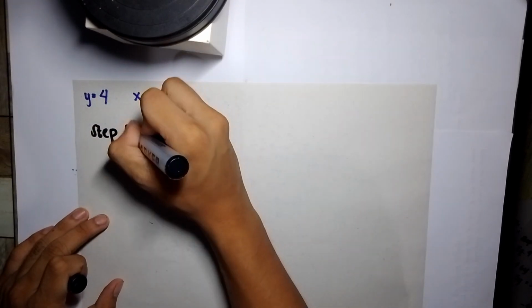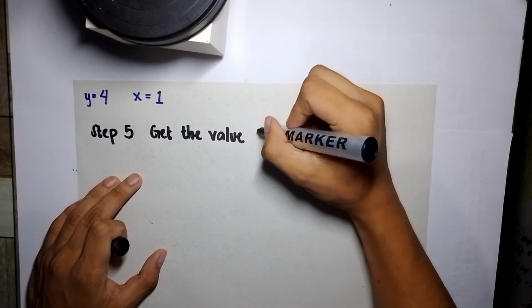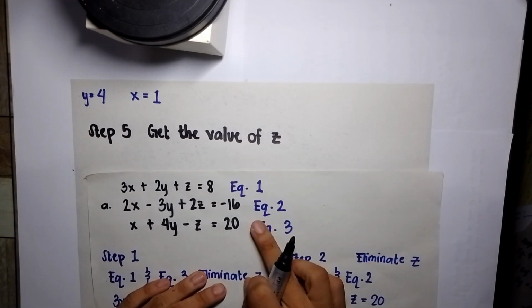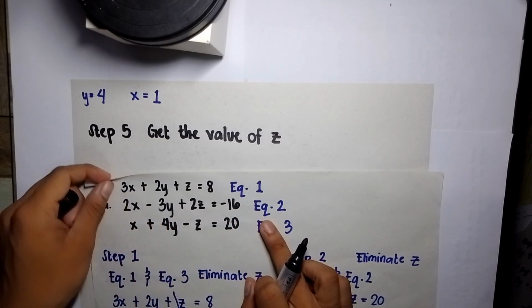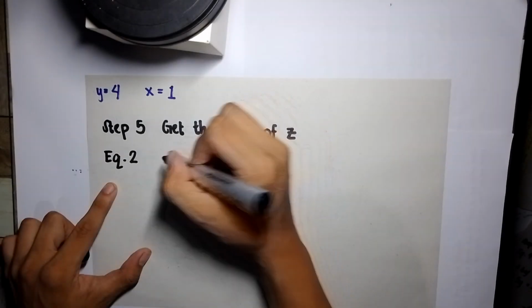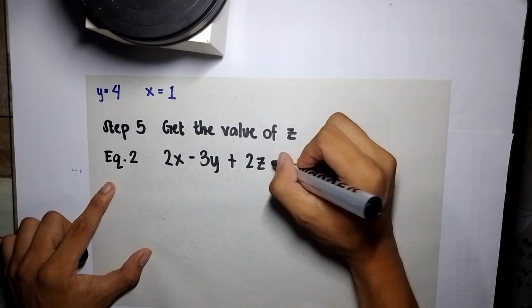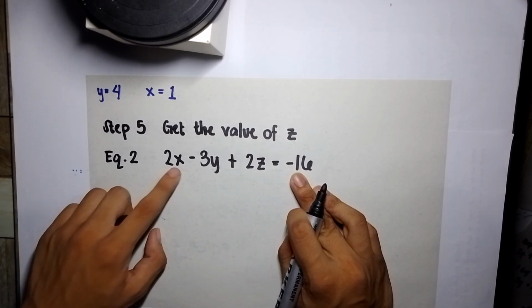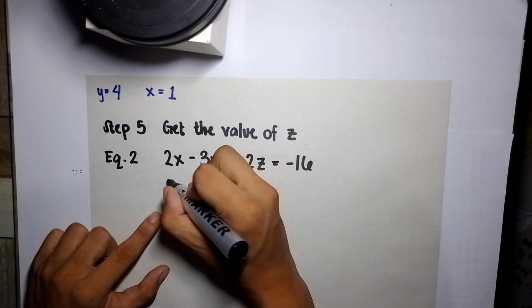Now the last step that we are going to do, which is step 5, is to get the value of z. To get the value of z, we are going to use equation 2, namely 2x minus 3y plus 2z equals negative 16. Now substitute x with the value of 1 and substitute y with the value of 4.